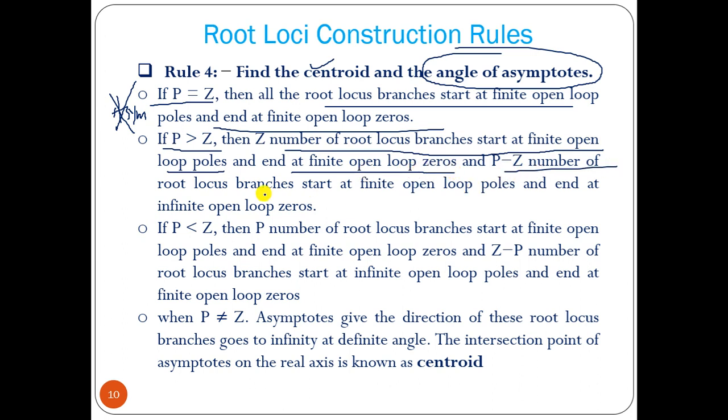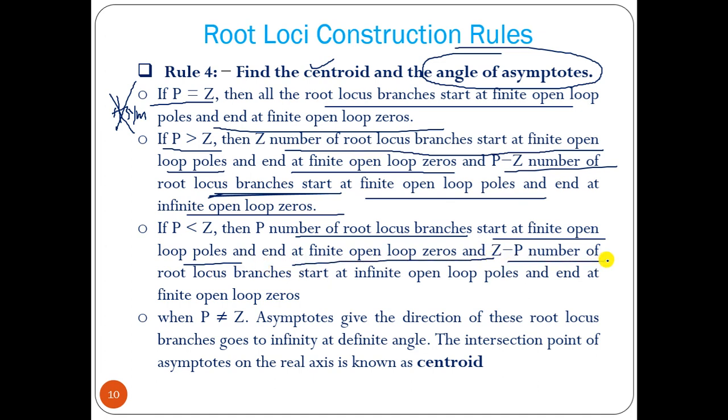P minus z number of root locus branches start at finite open loop poles and end at infinite open loop zeros. If p is less than z, then p number of root locus branches start at finite open loop poles and end at finite open loop zeros, and z minus p number of root locus branches start at infinite open loop poles and end at finite open loop zeros.